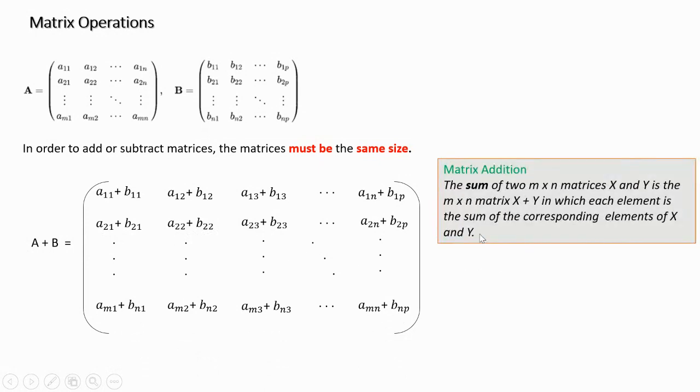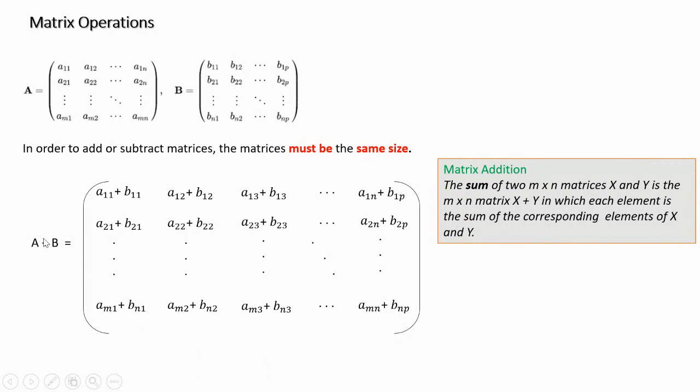Now, here's the definition. Matrix addition: the sum of two m by n matrices, where m by n is the size, for matrices X and Y, is a matrix X plus Y in which each element is the sum of the corresponding elements of X and Y. This is really what it means. So if we have 2 matrices, this can be matrix A, B, or X and Y. It doesn't matter.